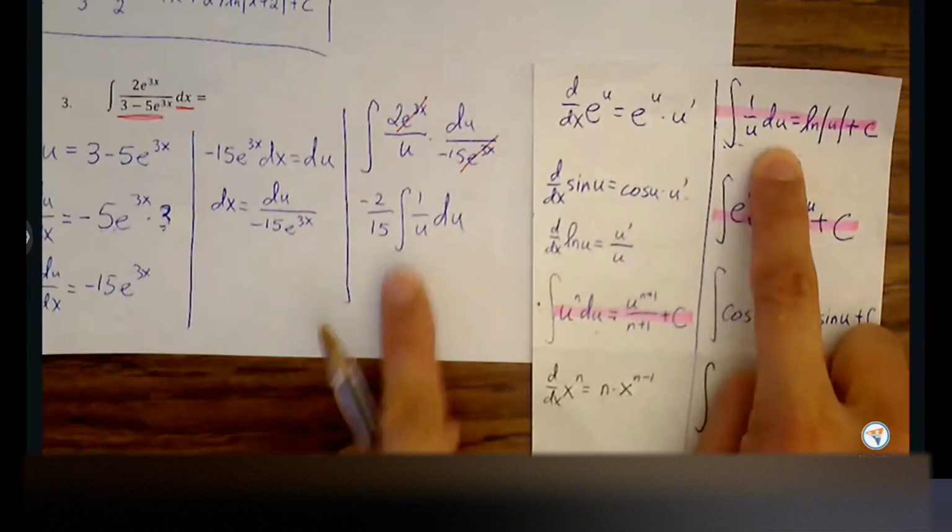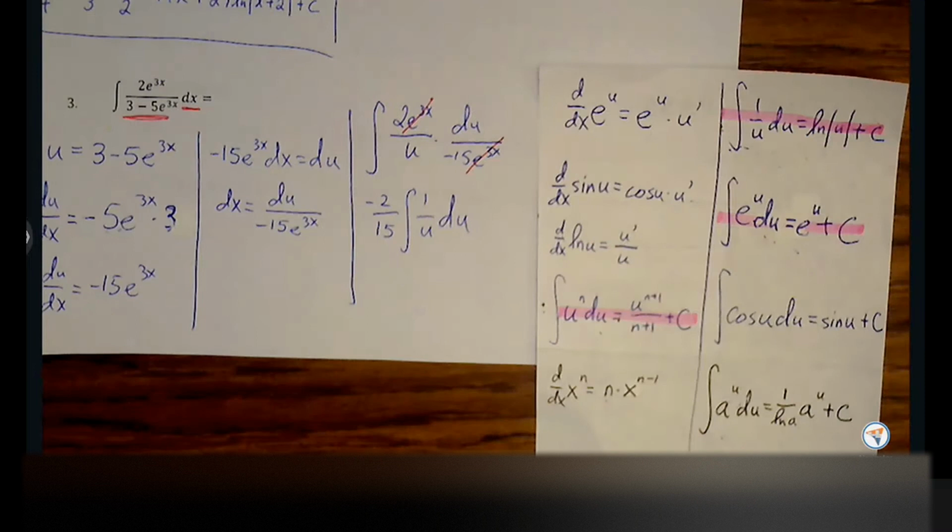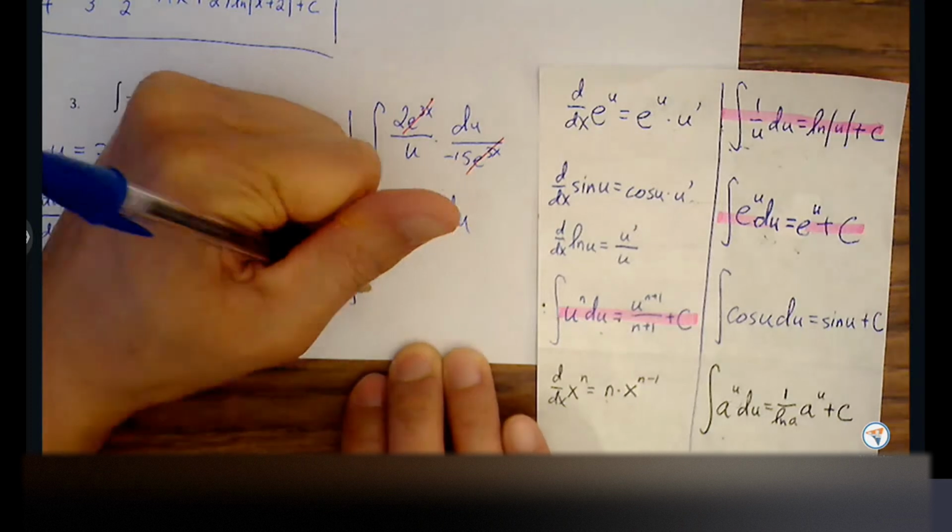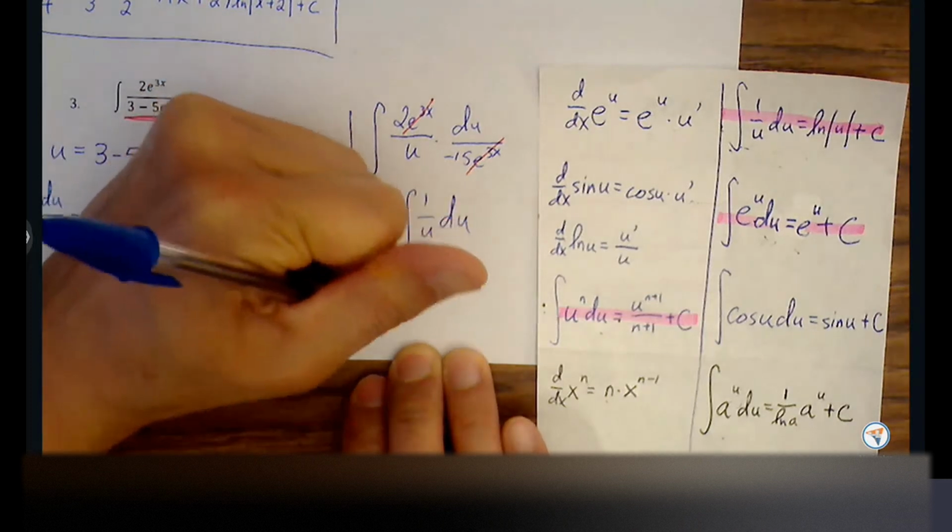Mm-hmm. Okay, so what's the answer? It'd be 1 over u du equals ln, or would it be the negative 2 over 15 equals ln absolute value u?